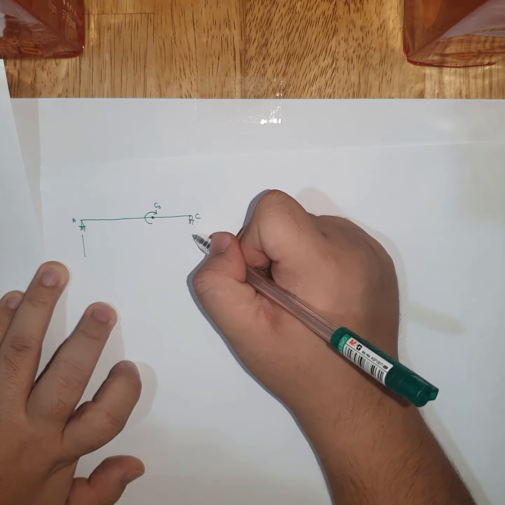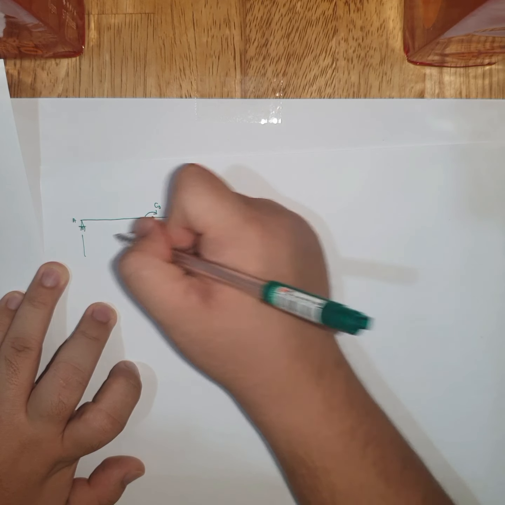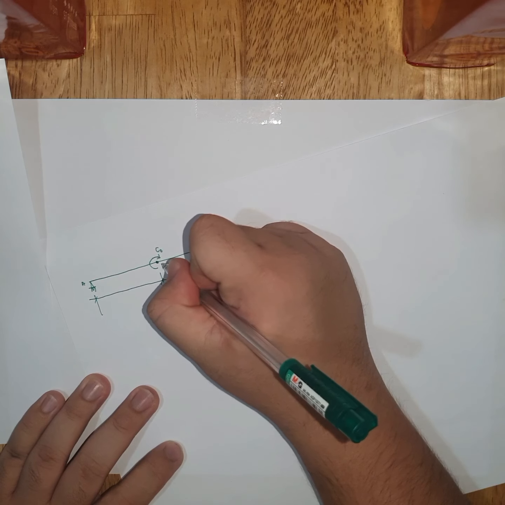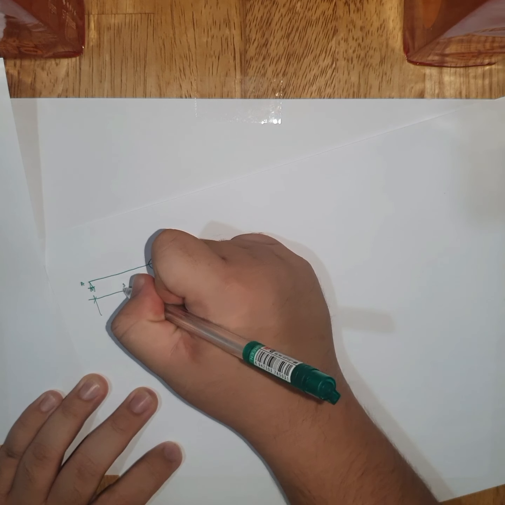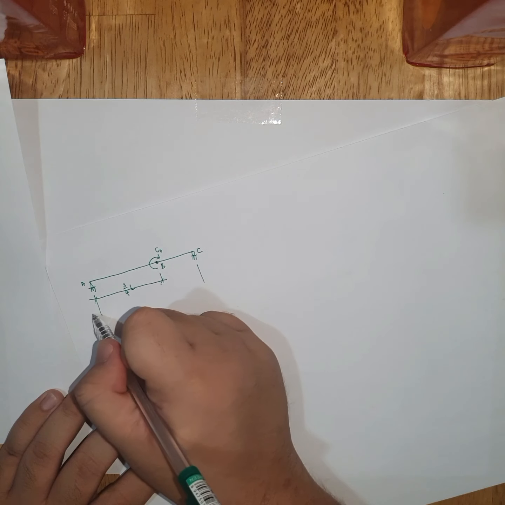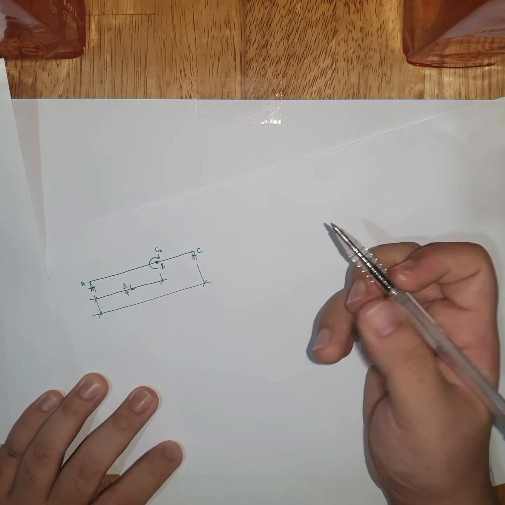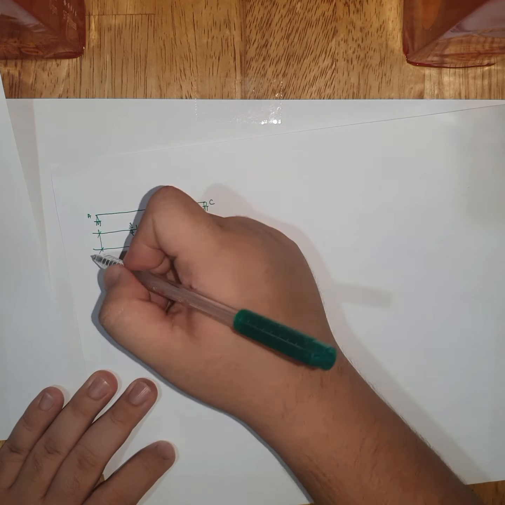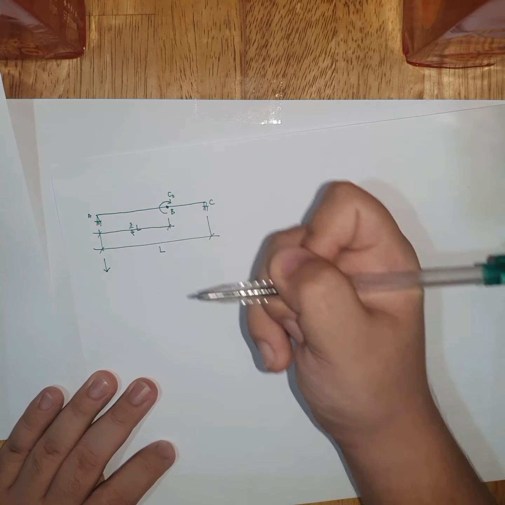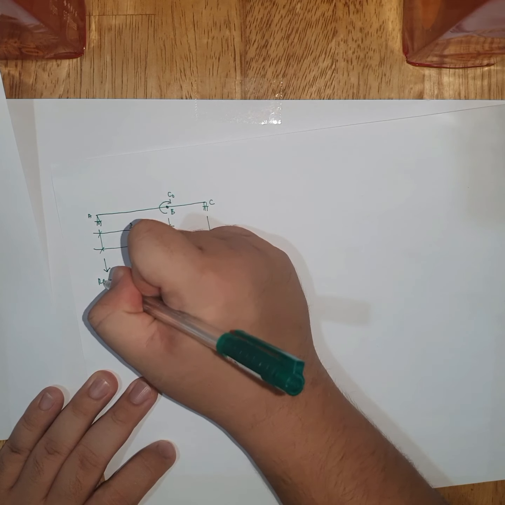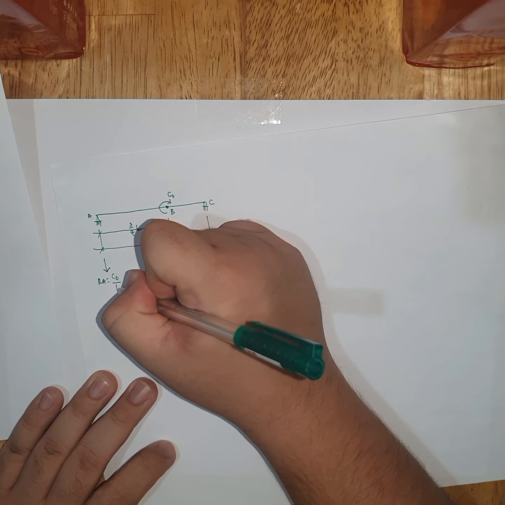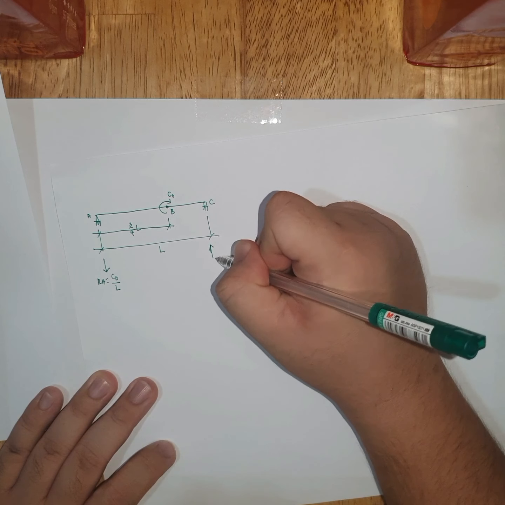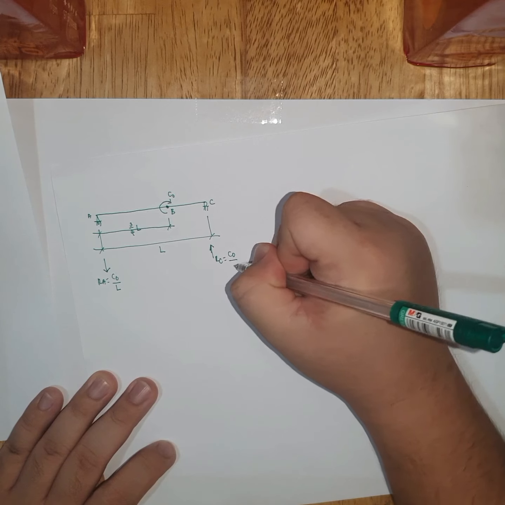Then, yung distances natin: distance ni B mula kay A is 3/4 ng L. Then, si C mula kay A is L, o yung total distance natin. Okay? Given ang value ni RA is downward, equals to C sub O over L. Then, si RC is upward, na RC is equals to C sub O over L.